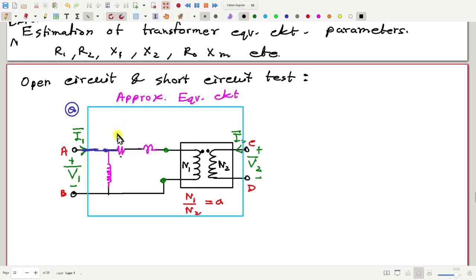So here I have R prime, which is equal to our previous R1 plus R2, and jX prime, which is equal to our previous X1 plus X2. And here we also had the resistance. This is jXm, this is R0.